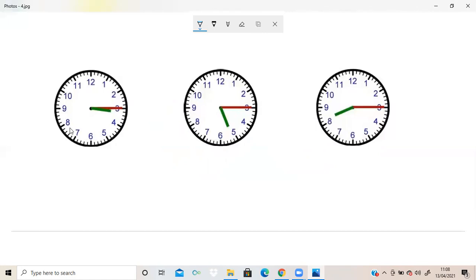In the first clock we can see the minute hand pointing at 3, and the hour hand is after 3, so the time should be quarter past 3.